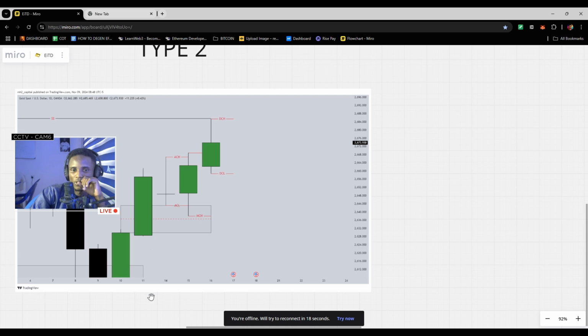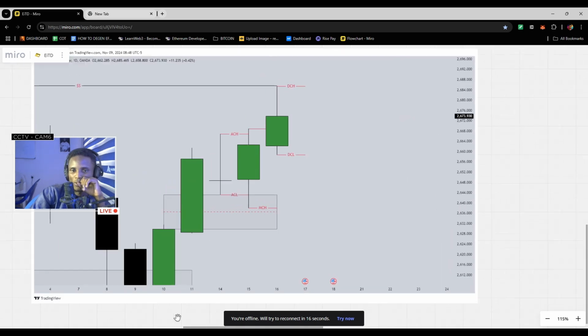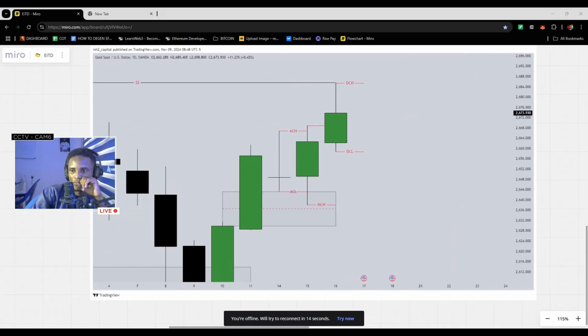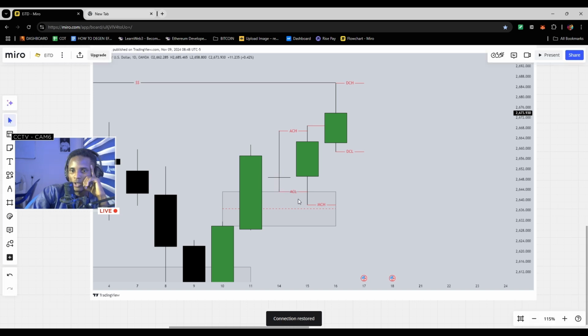So what I mean is this. This is the example of how the type 1 is, and this is what you should be looking at. So we have a bullish trend. The trend is bullish. It left a fair value gap. This is the accumulation high, accumulation low. Then what happened? The manipulation candle wicks it, tapping into the fair value gap.